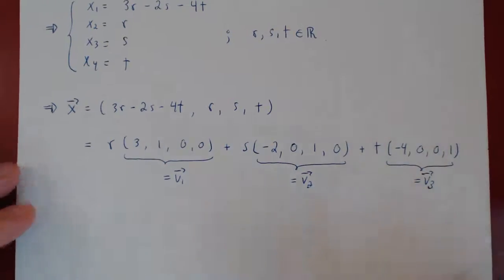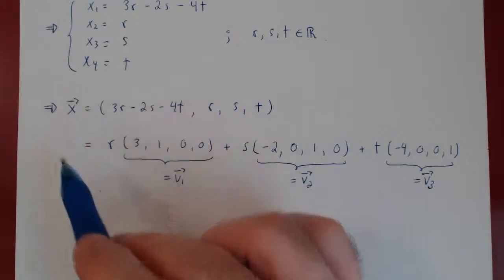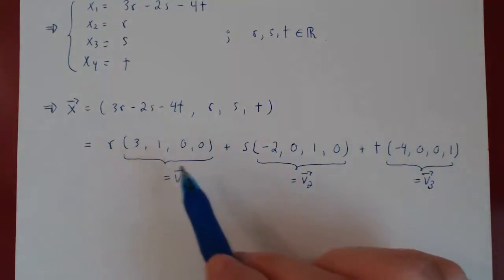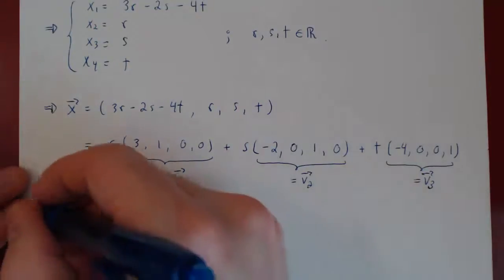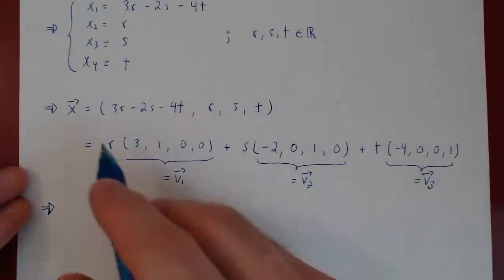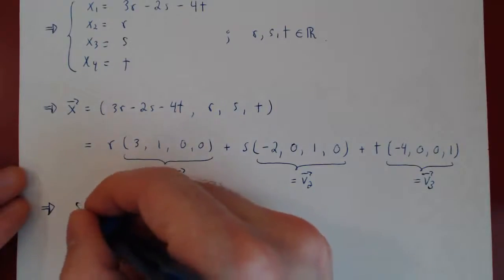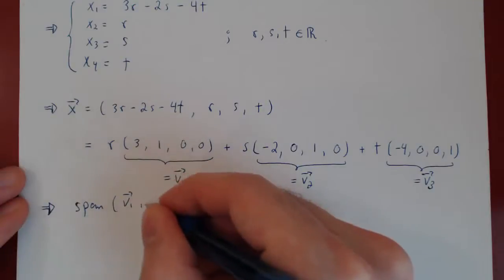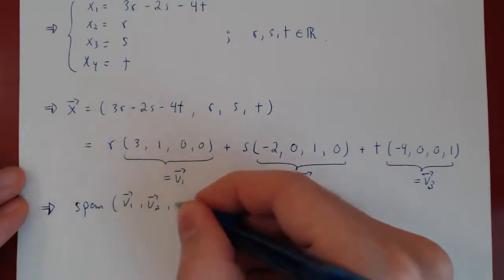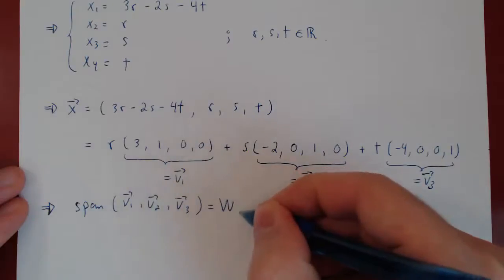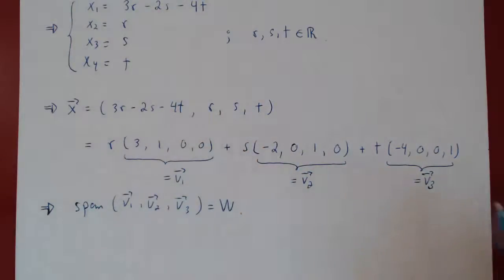And you see, any vector in W must be some linear combination of the vectors v1, v2, v3. So this proves that the vectors v1, v2, and v3 are generators for the space W. Therefore, the span of the vectors v1, v2, v3 is the entire space W. So we have found generators.